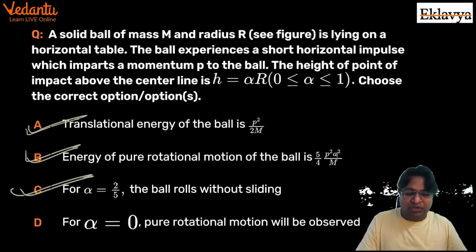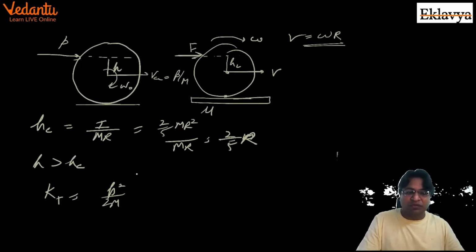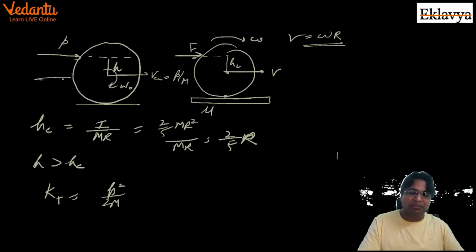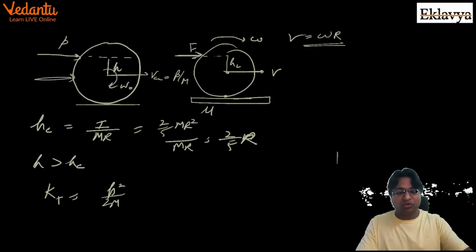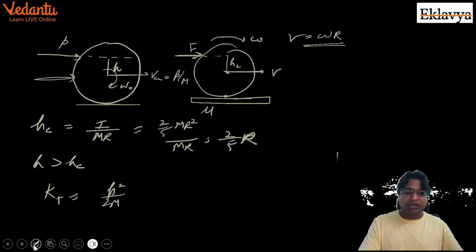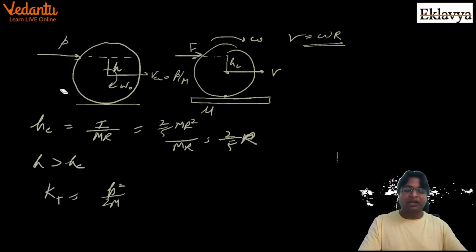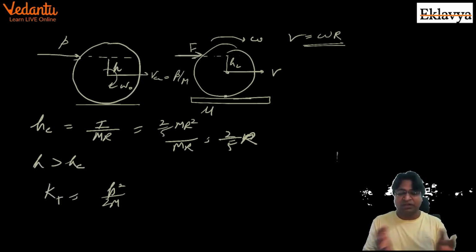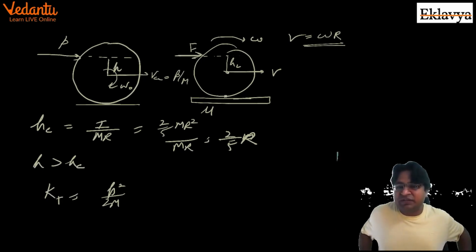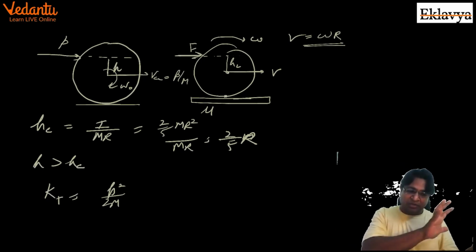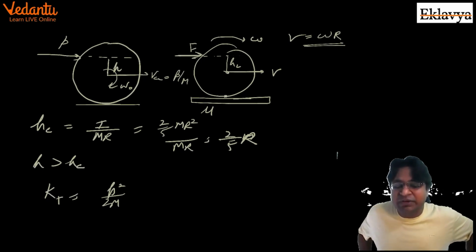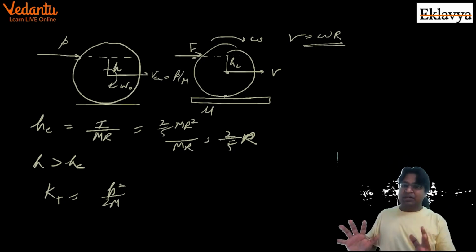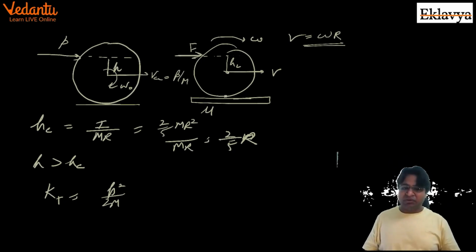For alpha equal to 0, pure rotational motion. So if alpha is 0, then we are only applying the impulse at the center. So in that case, no rotational motion will take place initially. Right after applying the impulse, the ball will begin to translate. If there is friction, which is not given, nothing is mentioned regarding friction. If the surface is frictionless, the sphere will continue to slide with the same momentum without initiating any angular motion.